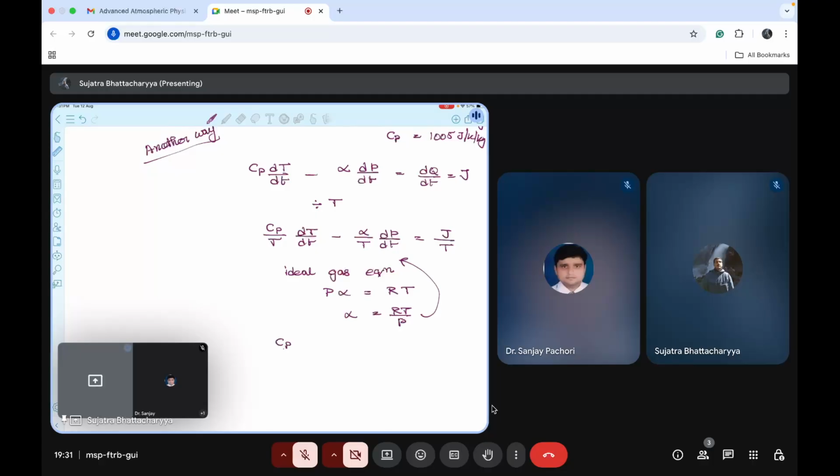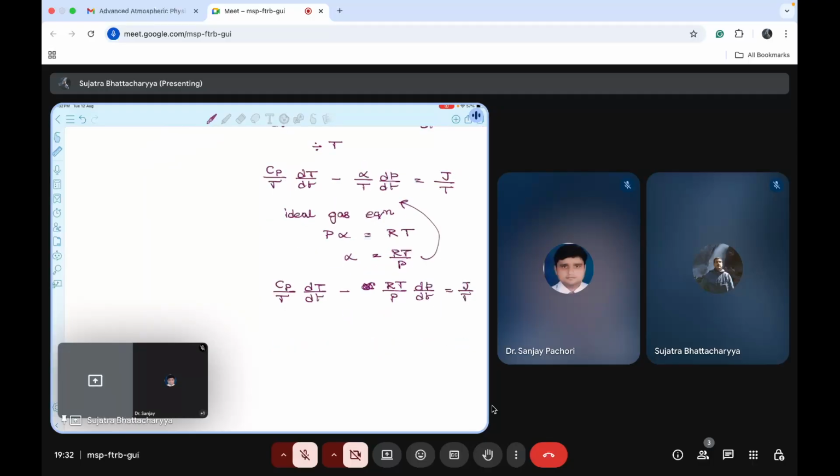So Cp by T dT by dt minus R T by (p T) dp by dt is equal to J by T. These are mere derivations, nothing else.